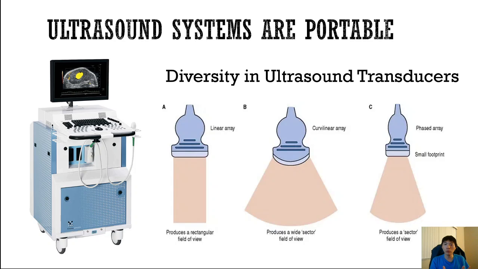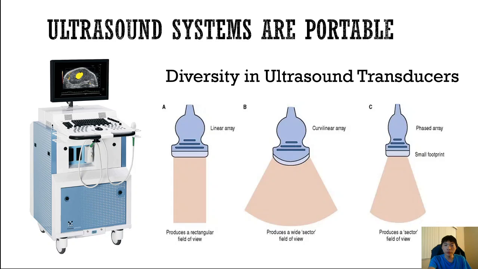But we can use computer-generated signals and play those out among all of the channels in order to create a steered sound wave. This can be directed at a particular angle into the object. In this way, we can simulate what we get with a curvilinear array with a much smaller linear array-looking transducer.